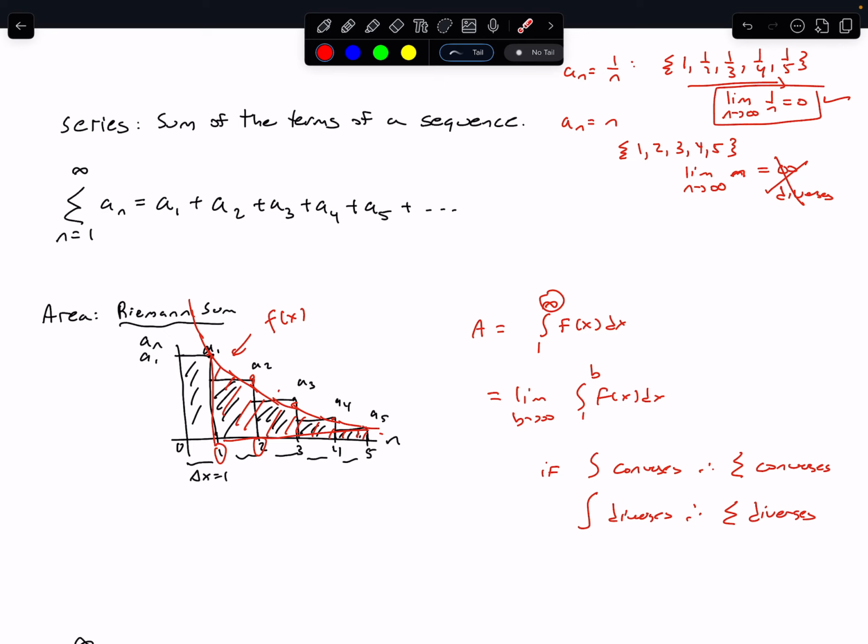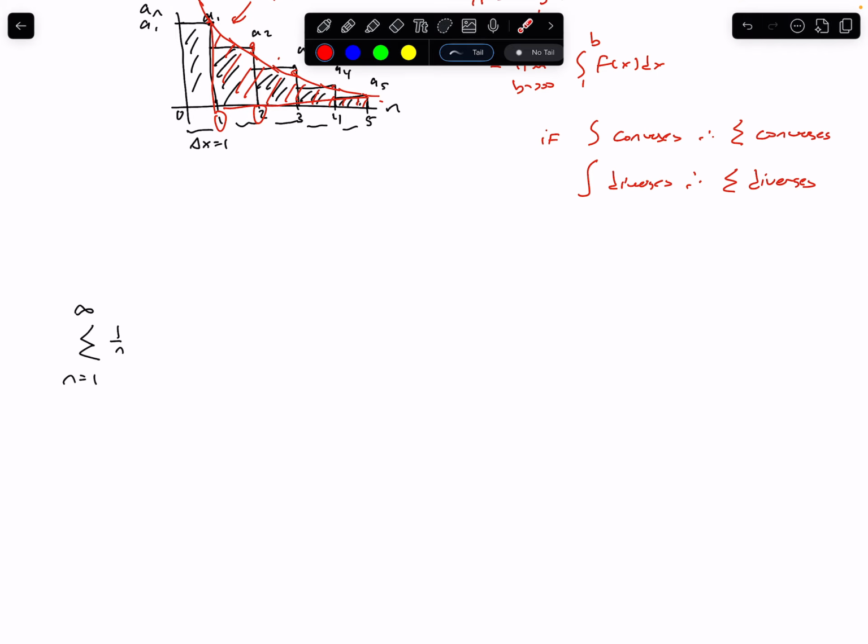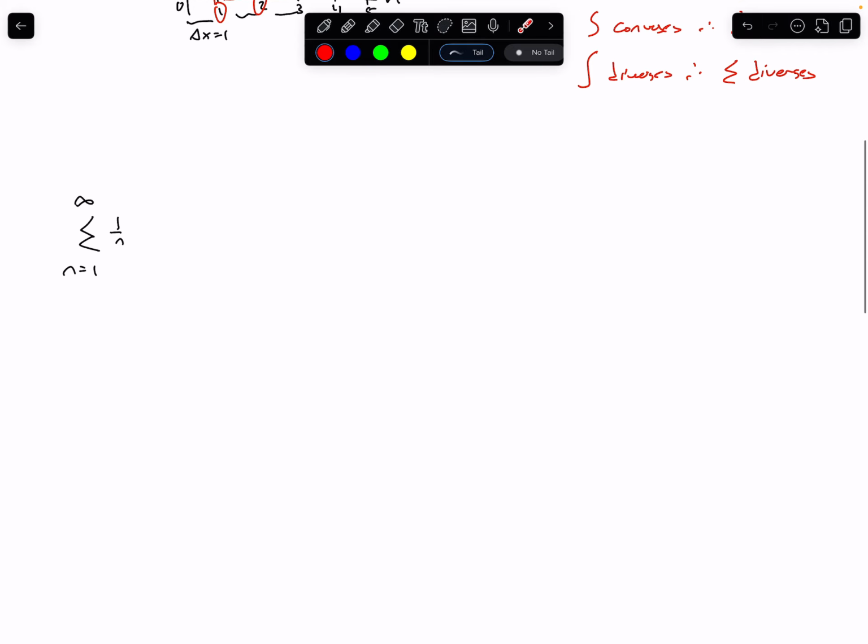So let's take a look at just a real quick example here. Here we have the series 1 over n, like we saw before. We already know that this is going to have a limit approaching 0. So if we were to graph this out, looking at area, we would get, let n be 1, 2, 3, 4. My height at 1 is just 1 here.